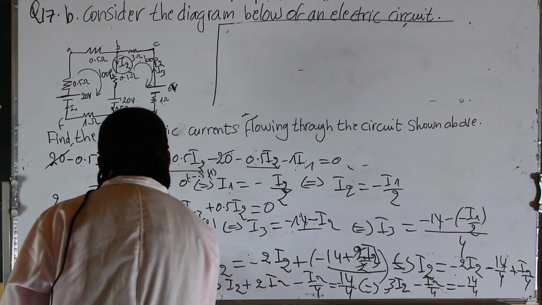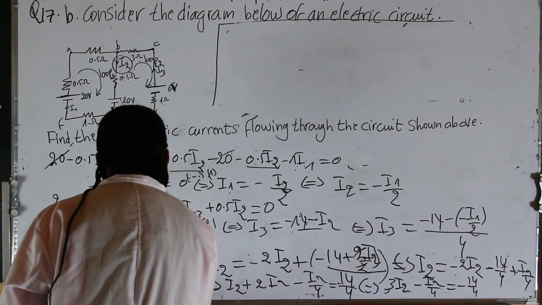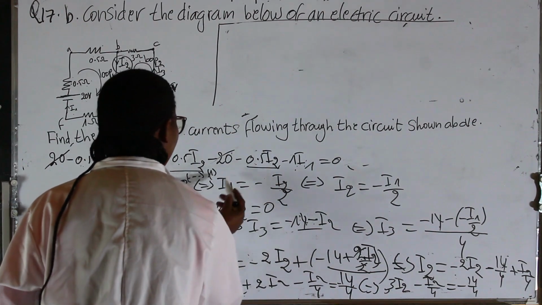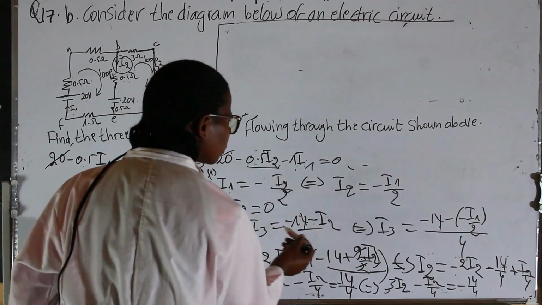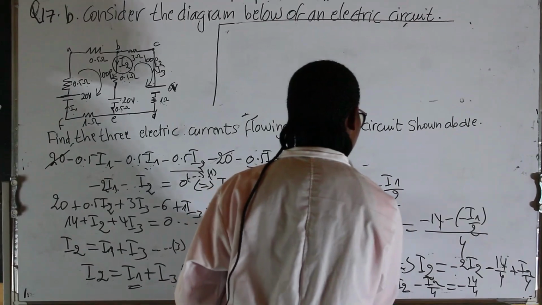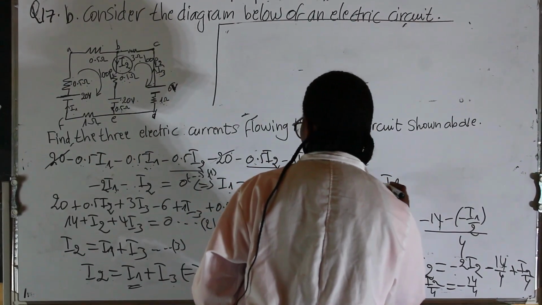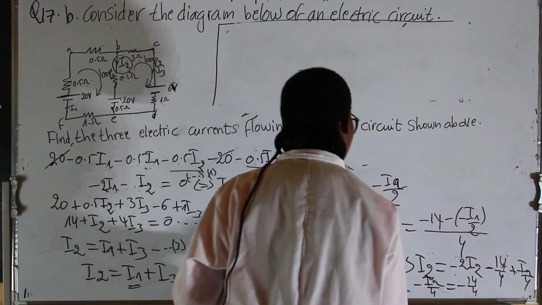I2 equal to I1 plus I3, then I1 equal to I2 divided by 2.